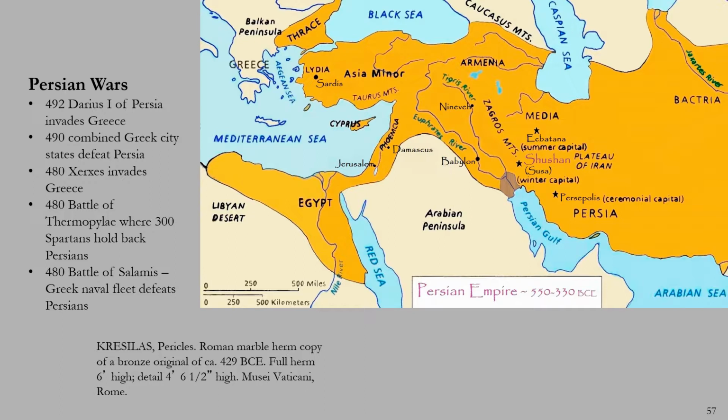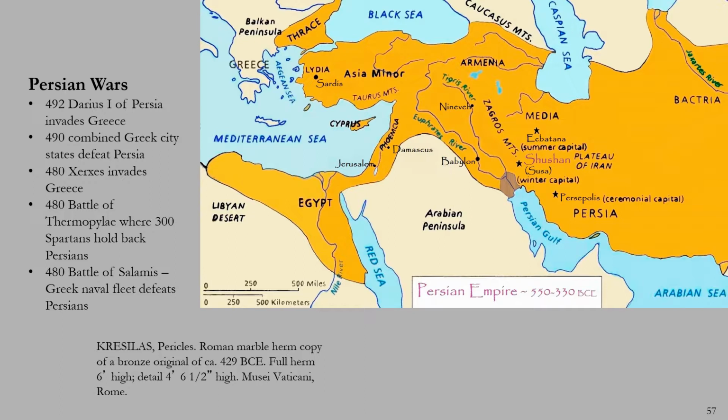And so we call this era, after the defeat of the Persian Empire, the classical era, where Greece, and especially Athens, reaches this cultural zenith, this cultural height. Zenith is a Greek word, by the way.